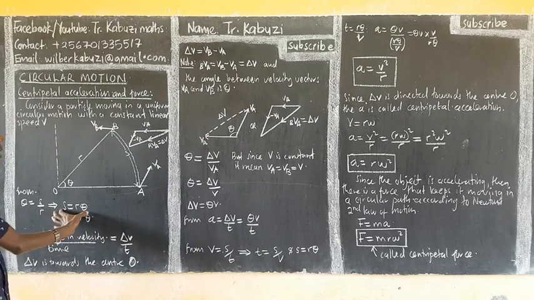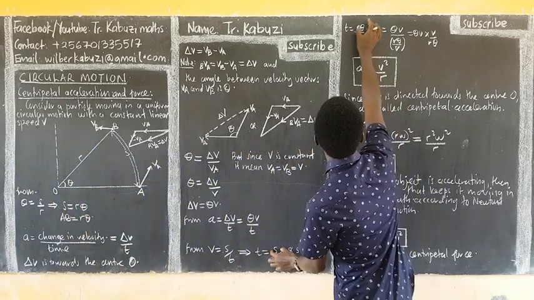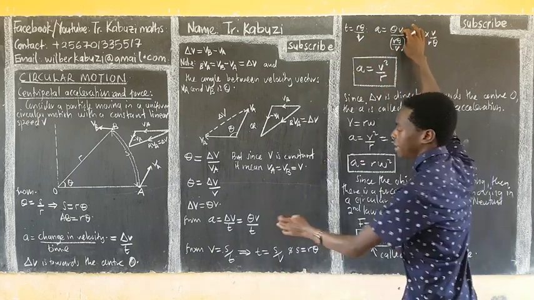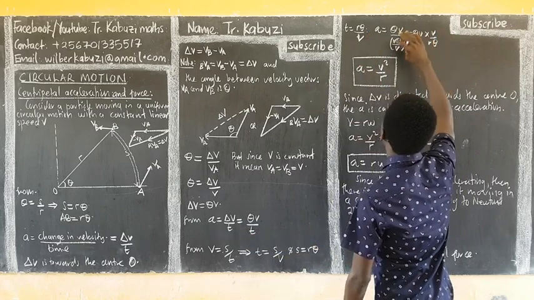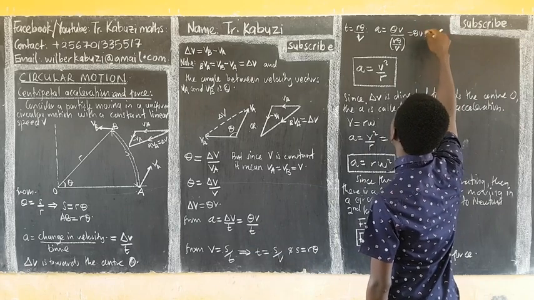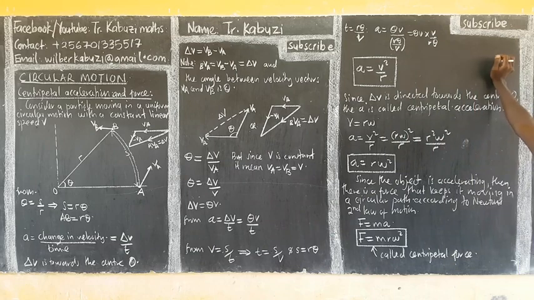So if I put r theta where this S is, I have that. And then when I put in my t from here, you see I will divide, then I will multiply, so this will cancel. I'll be having v squared over r, and that's what we call the centripetal acceleration.